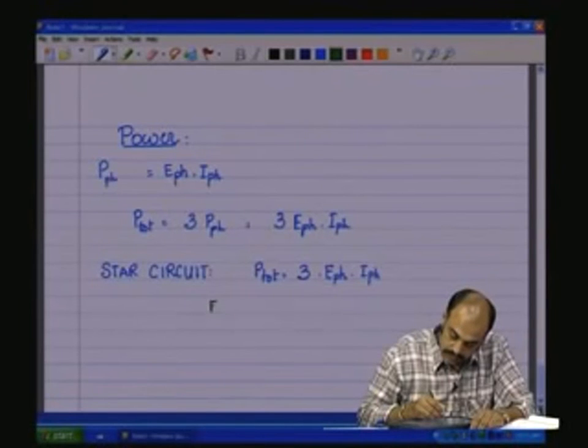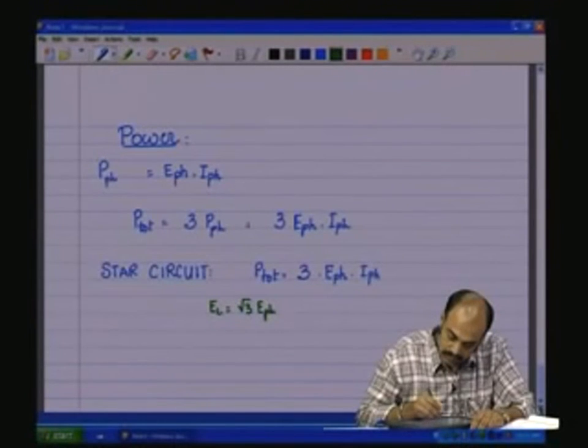We use E line equals root 3 E phase, I line is equal to I phase.